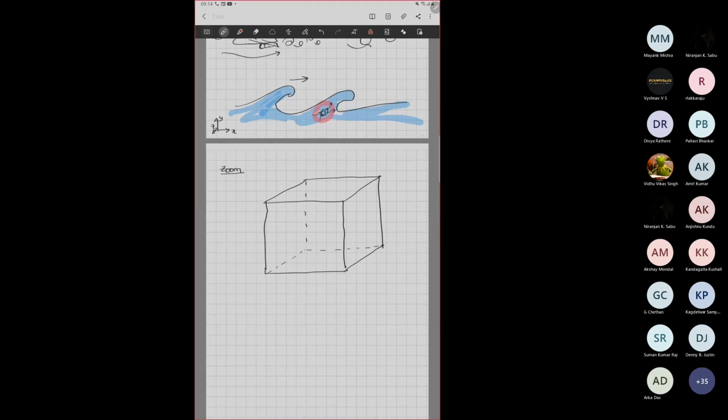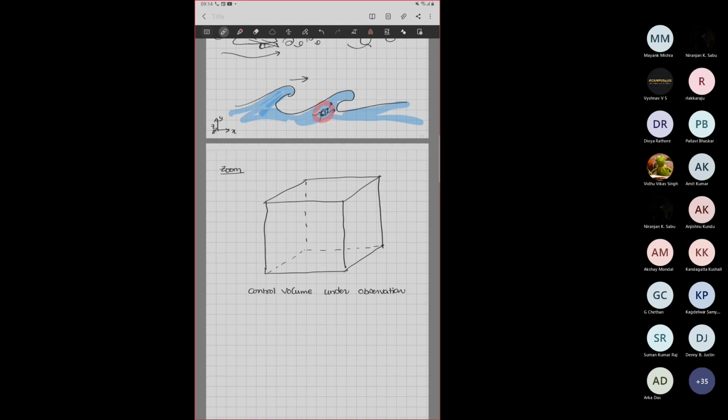When I am focusing on that kind of arbitrary volume, usually we call it a control volume. Control volume under observation. And this control volume can be as large as possible or as small as possible. It's up to the observer.